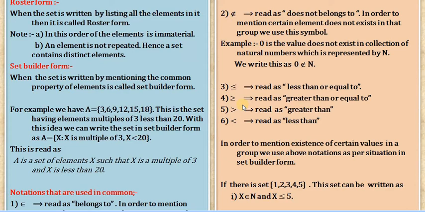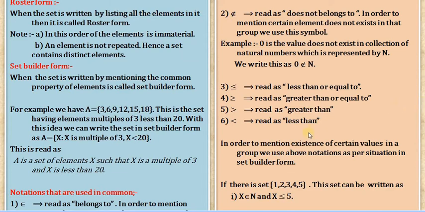Now, in order to mention the existence of certain values in a group, we use the above notations as per the situation in set builder form. So we use these notations in general according to the requirement when you are writing in roster form or set builder form.